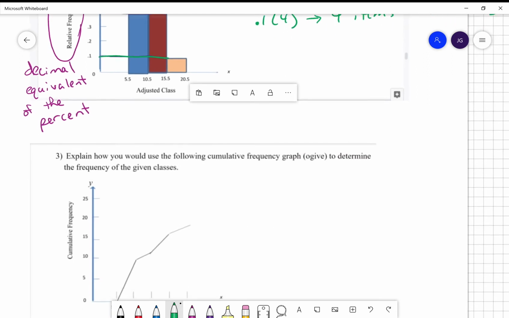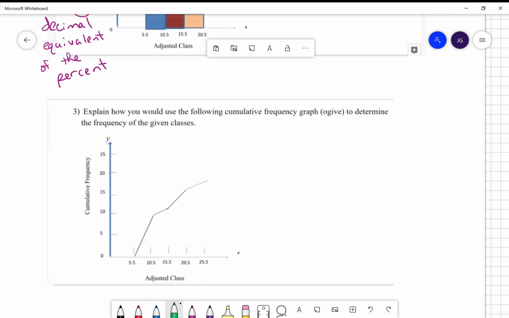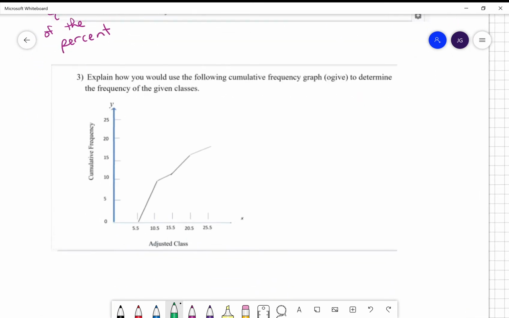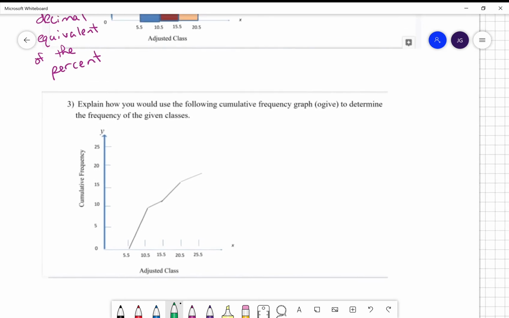Okay, next question. Explain how you would use the following cumulative frequency graph, ogive, to determine the frequency of the given classes. Okay, so remember that cumulative means they're adding from one to the next.